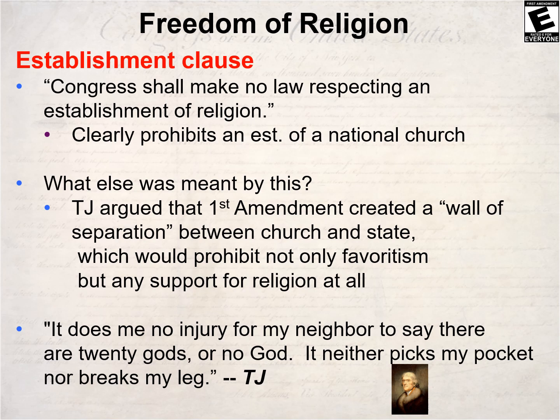Many others. But basically what this is going for is that wall of separation that TJ suggested needed to exist between church and state. Not only would that prohibit favoritism, but it would also not give any support for religion at all from the government.